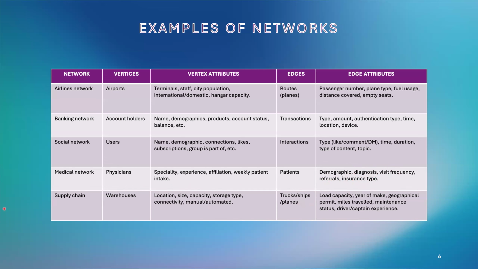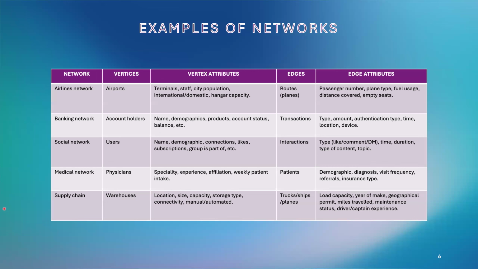These are quite classical networks because there are classical problems that are associated with them and different optimization techniques here. So for instance, we could have warehouses as vertices, and as attributes, we can have the location, the size, the capacity, the storage type, connectivity, whether the warehouse is automated or not.